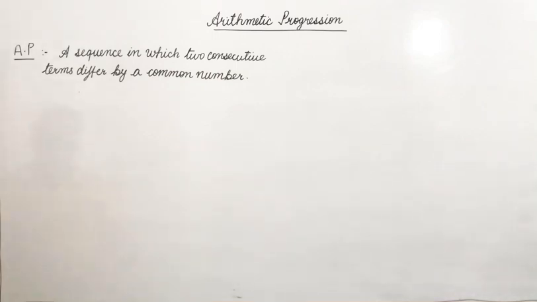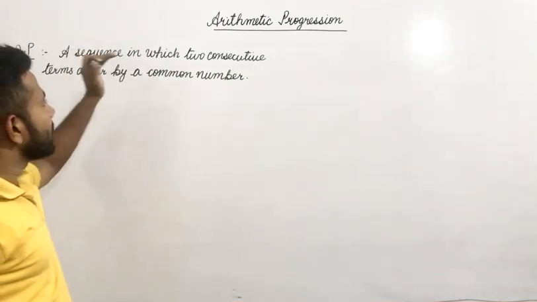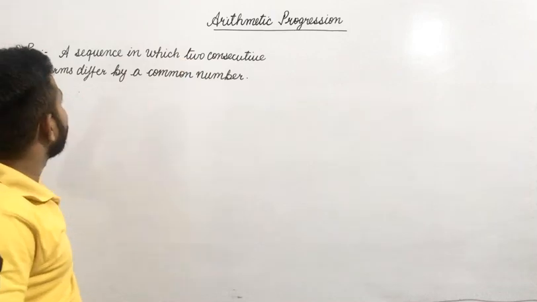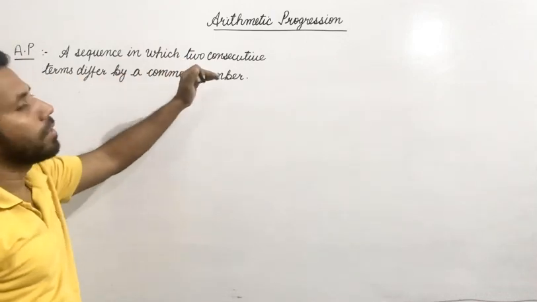What is an AP? An AP is also a sequence in which two consecutive terms differ by a common number.